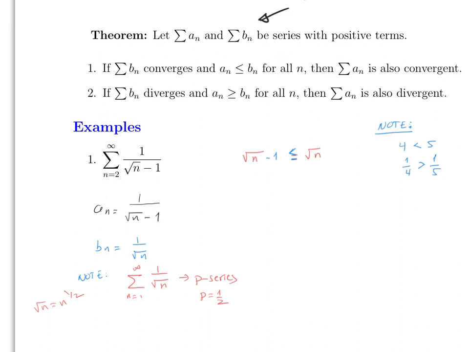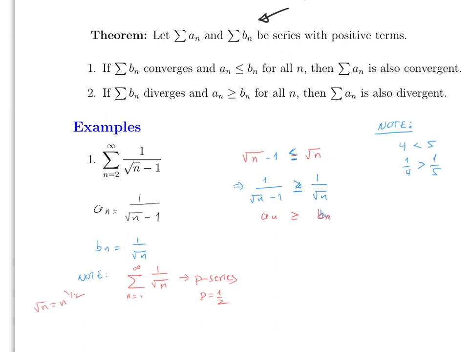So this implies that 1 over the square root of n minus 1 is greater than or equal to 1/n. Remember that we said this part was b(n), and this is a(n). So that shows that a(n) is greater than or equal to b(n).